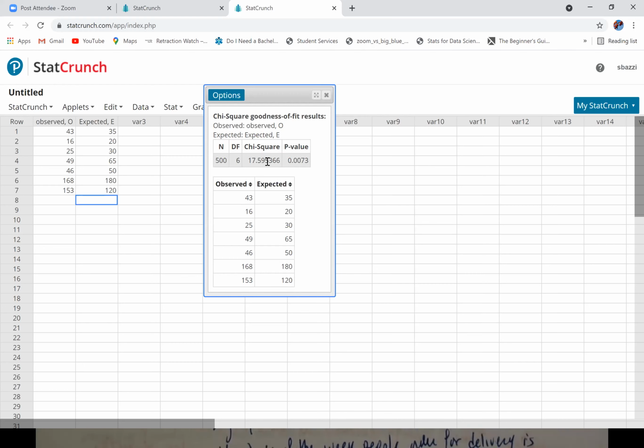That's what we got. And look, the p-value 0.0073. That's what we got as well. That's all you need from StatCrunch. And then this is less than alpha, which is 0.01, a level of significance to conclude that the distribution of days of the week is different than expected. Any questions?